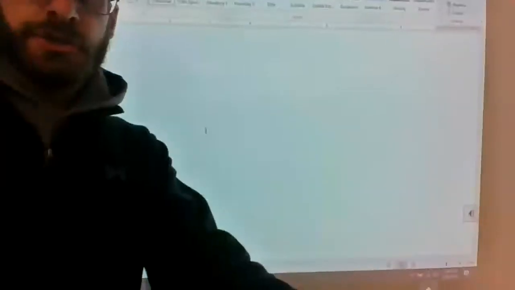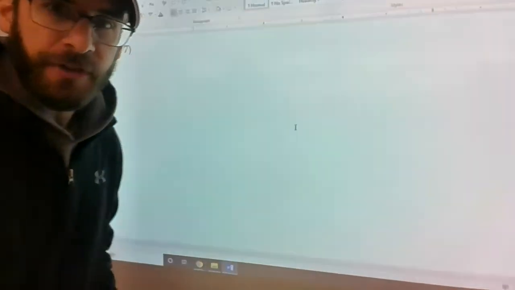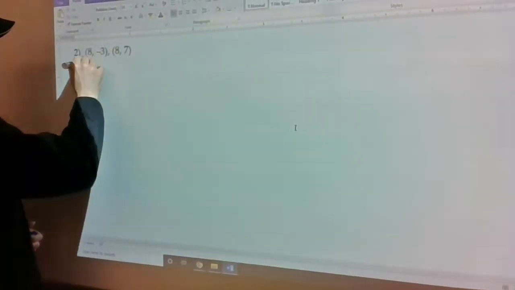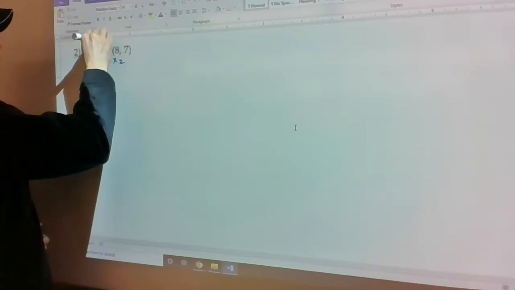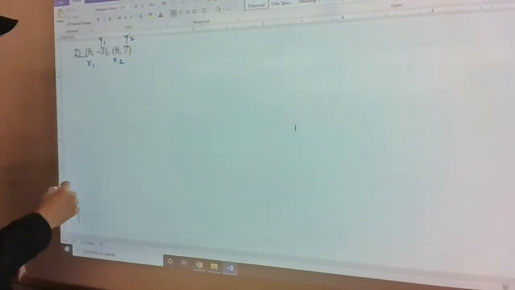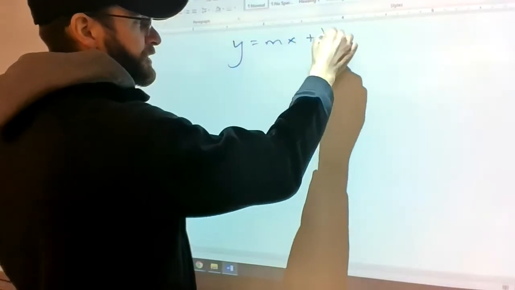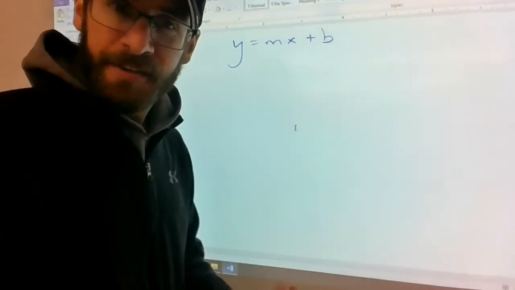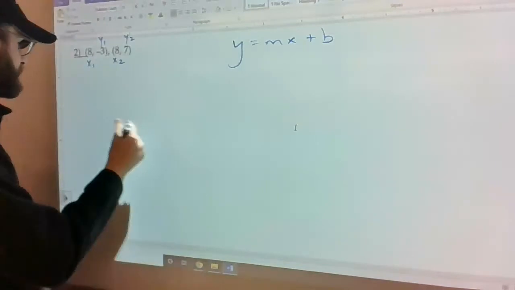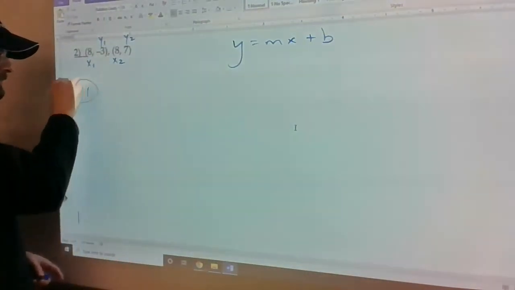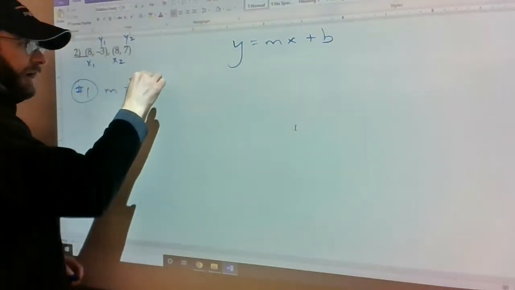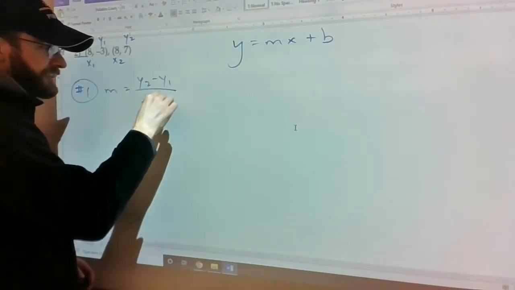So we're still given 2 ordered pairs, 2 points on the graph that we're trying to write the equation of. Here's x1, x2, y1, y2. We're still trying to make it fit the format y equals mx plus b. Still worked last time, even though last time was a special case. So we'll try again with this one. And the slope formula is y2 minus y1 over x2 minus x1.